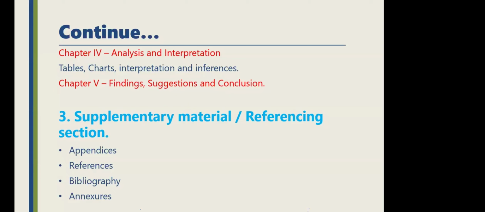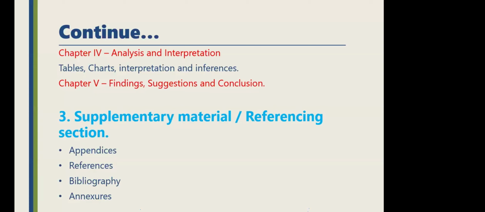First is appendices. In this section, you should include the detailed information that supported your study but is too lengthy to be in the main chapter, such as the raw data, some additional tables if you have any, or any survey instruments. These can all be included in the appendices.